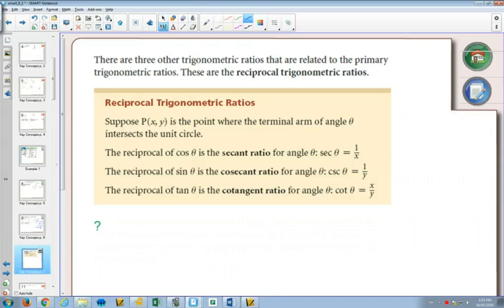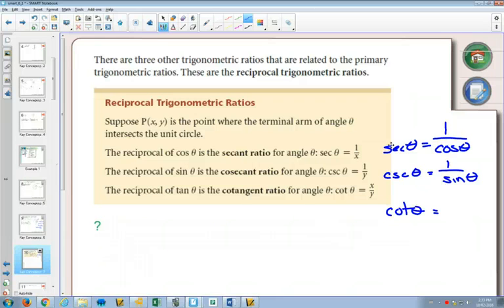We also learned some new definitions. You learned sine, cosine, and tangent. We now learn the reciprocals of each of them. The reciprocal of cos is the secant ratio, so secant of theta is the same as 1 over cos of theta. The reciprocal of sine is cosecant, so cosecant of theta is 1 over sine theta, and the reciprocal of tangent is cotangent, so cotangent theta is 1 over tangent theta.